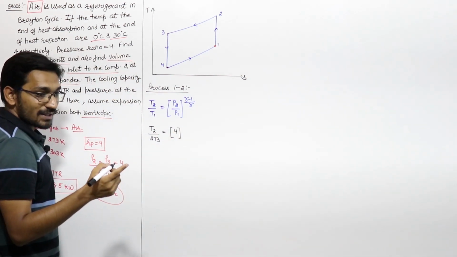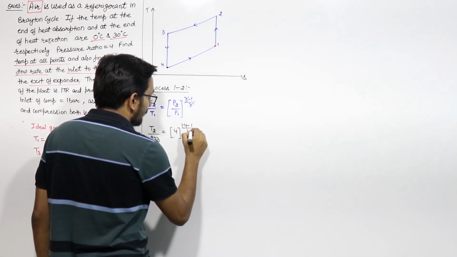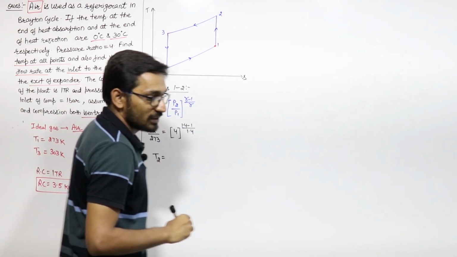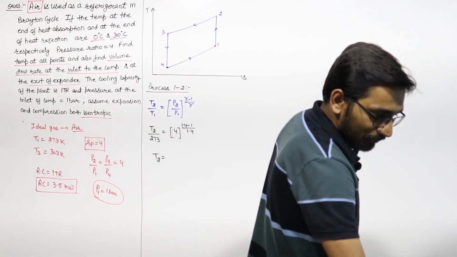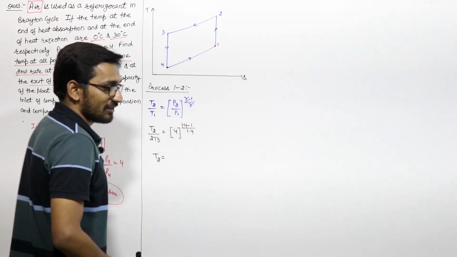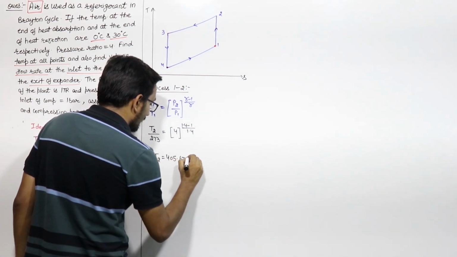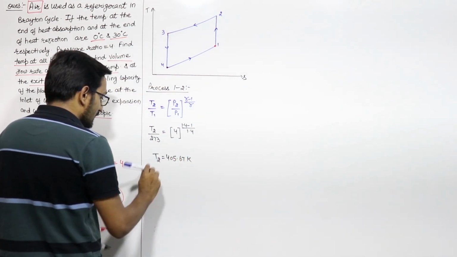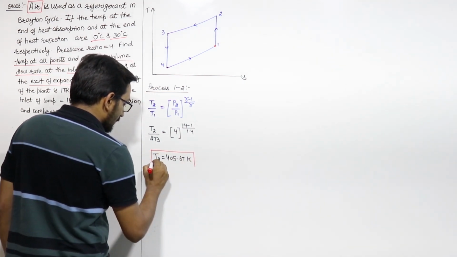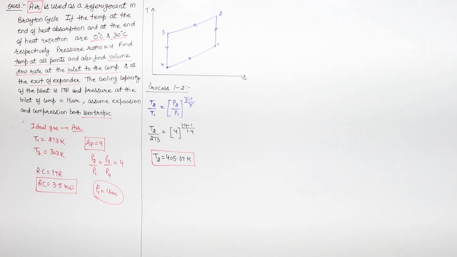Gamma for air is 1.4, so the exponent is 1.4 minus 1 divided by 1.4. If you solve this, you will get T2 equal to 405.67 Kelvin. So the first thing we wanted to find out, T2, is 405.67 Kelvin. Right, we got this.